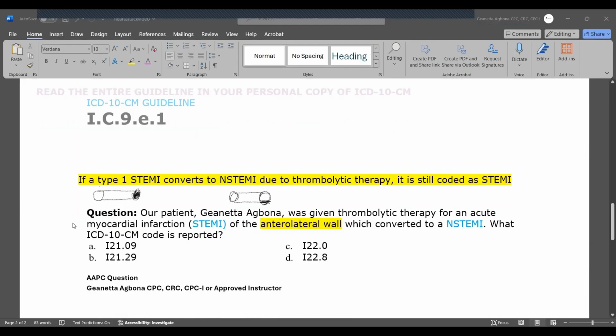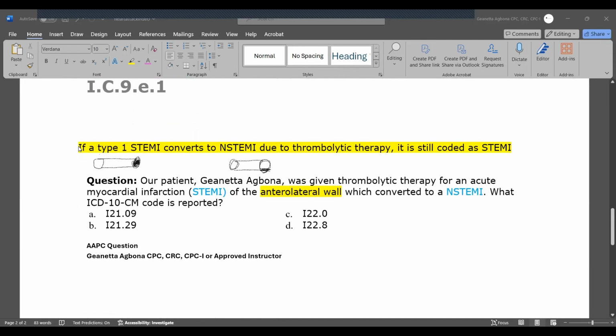So we're back to our question, and remember our guideline: if the STEMI converts to an NSTEMI due to thrombolytic therapy, it is still coded as STEMI. So if it's blocked and it becomes unblocked due to treatment, we're still going to code it as a STEMI. This question belongs to the AAPC.